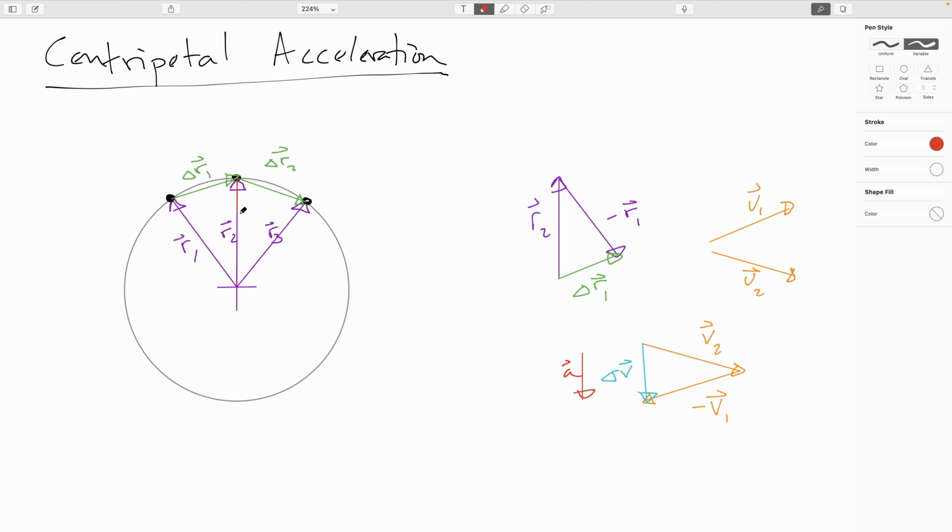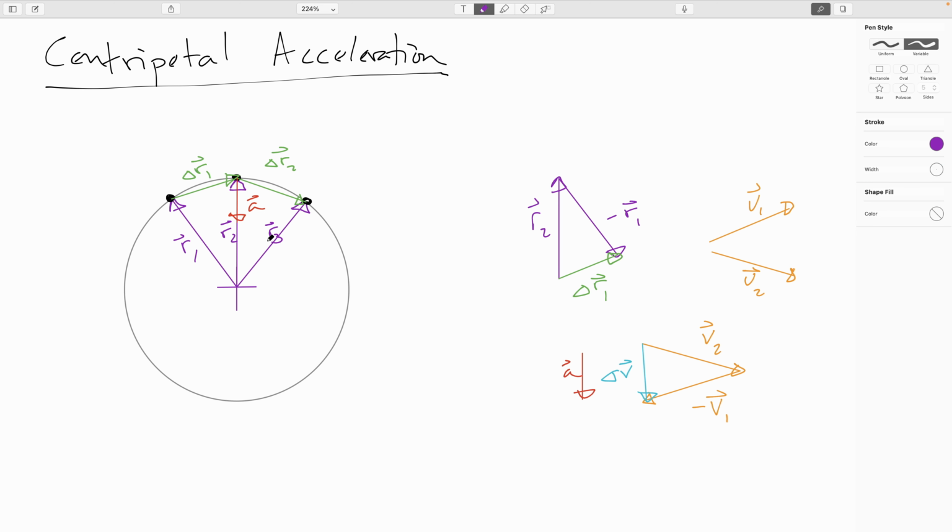So we get at this point right here that the acceleration points into the center of the circle. And there's nothing particularly special about this exact point that I chose. I could have repeated this for any point on the circle, and I would have gotten the same result, that the acceleration points into the center of the circle.